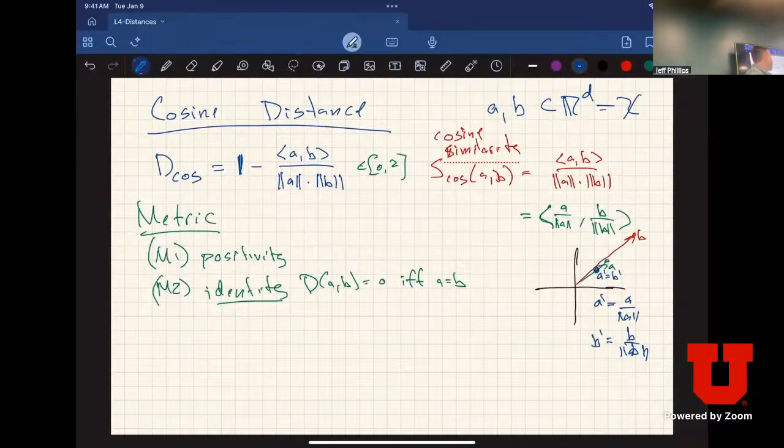Now they both sit on top of each other, and so the distance will be 0 in that case. They'll both have norm 1, and I take the dot product of the vector with itself. I'll get back 1, and 1 minus 1 is 0. But A and B came as different inputs, so it doesn't satisfy this identity.